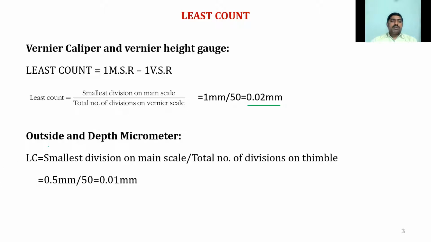Similarly, for the outside and depth micrometer, the least count is the smallest division on the main scale, 0.5 mm, divided by the total number of divisions on the thimble, which is 50. Therefore, the least count of the outside micrometer and depth micrometer is 0.01 mm. We can use these least counts in taking the measurements.